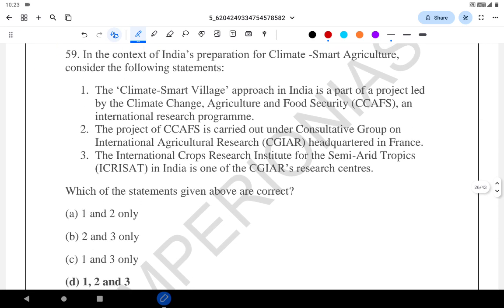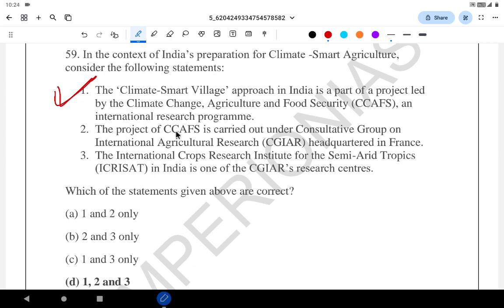In the context of India's preparation for climate smart agriculture, consider the following statements. Climate smart villages approach in India is a part of a project led by the Climate Change, Agriculture and Food Security, an international research program. The statement has a fact, this is a correct statement.